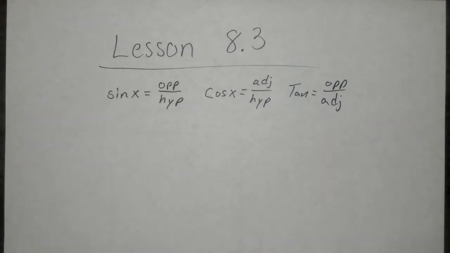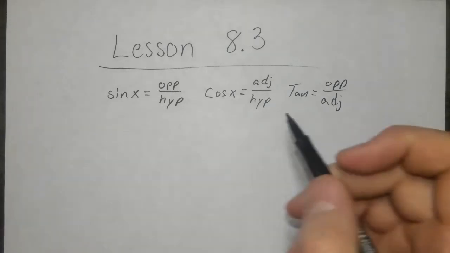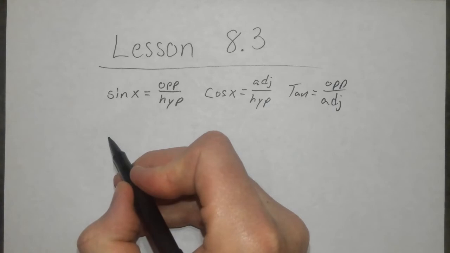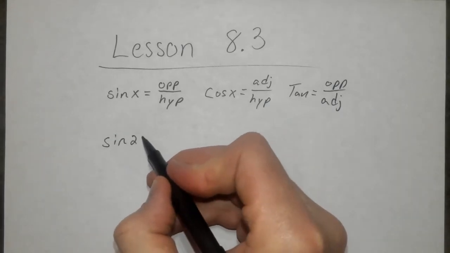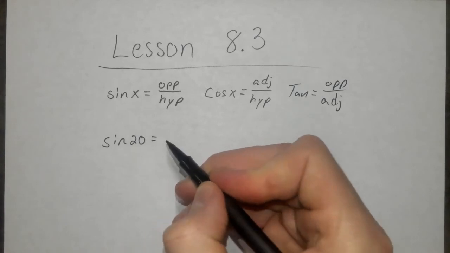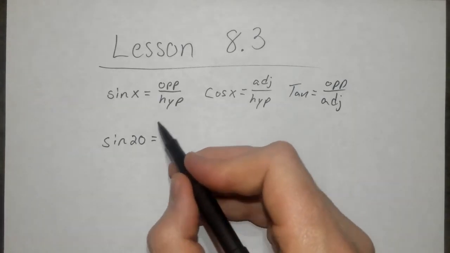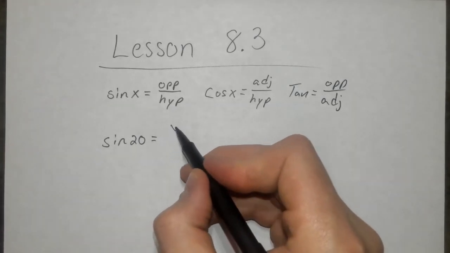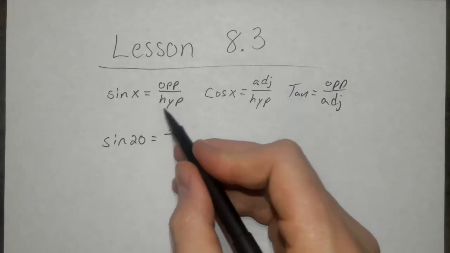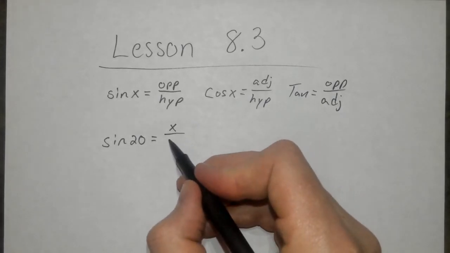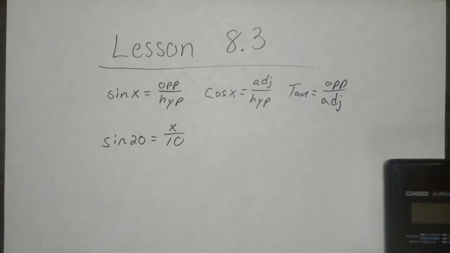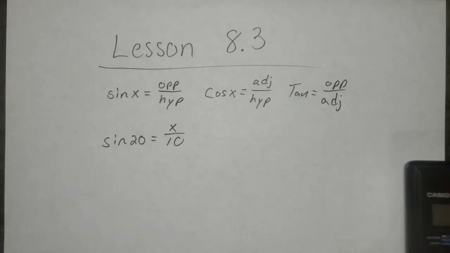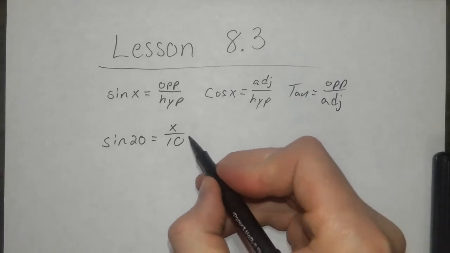Okay, so like I said, we use these when we were missing a side of a triangle, trying to find a side, and we were given an angle. So for example, if we had an angle that was 20 degrees, we could say sine of 20, and let's suppose we were missing the opposite, so we'll call that x, and let's suppose the hypotenuse was 10. Okay, so we said you could multiply both sides by 10.